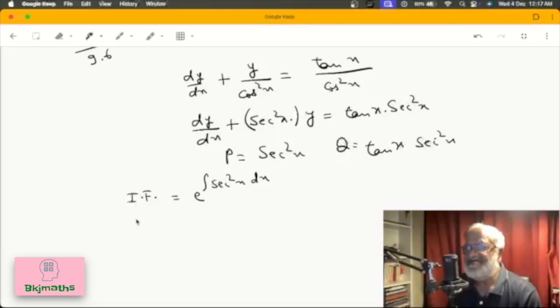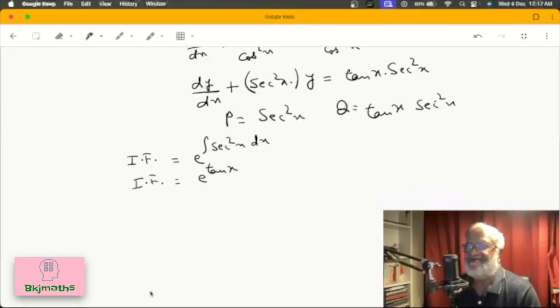So integration factor is e to the power integration of sec square x, which is tan x. So e to the power tan x.